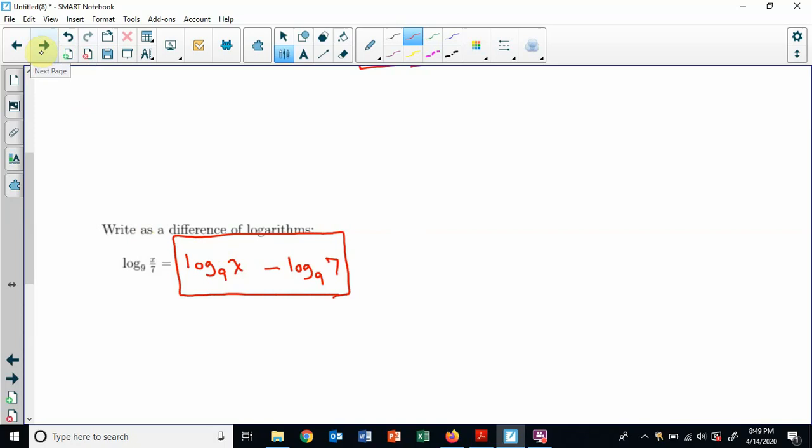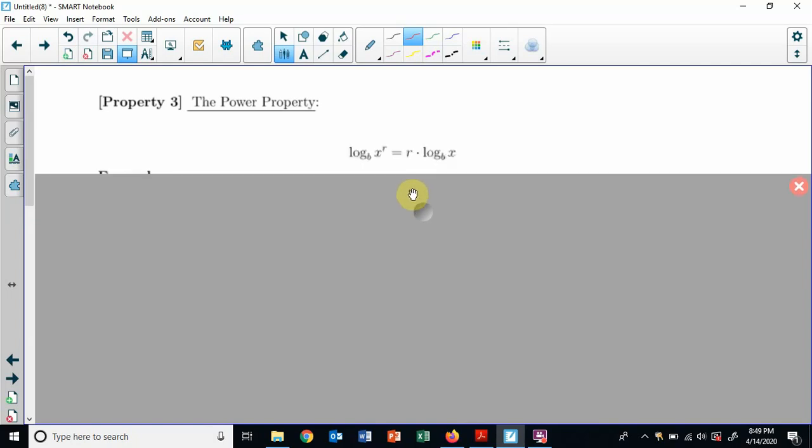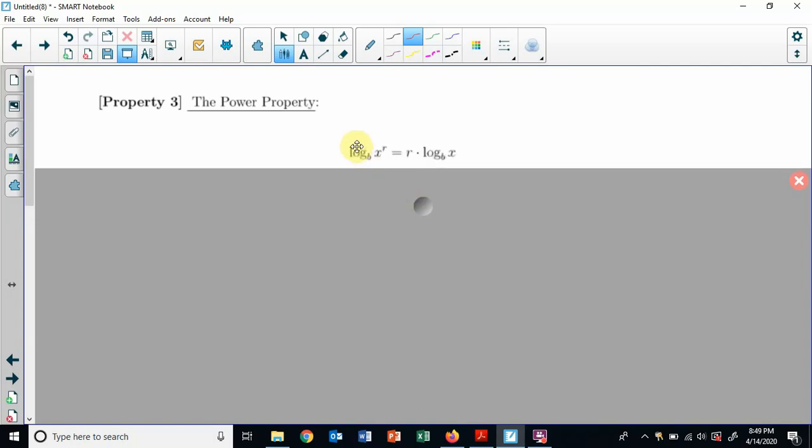Okay, one more property. It's called the power property. Well, we also had a power rule in exponents, right? This one's going to be kind of similar. So it says, look, if I have a logarithm and the input, notice right here the input has an exponent. What I'm allowed to do is take this exponent, and it's allowed to jump out front. See what it's equal to?